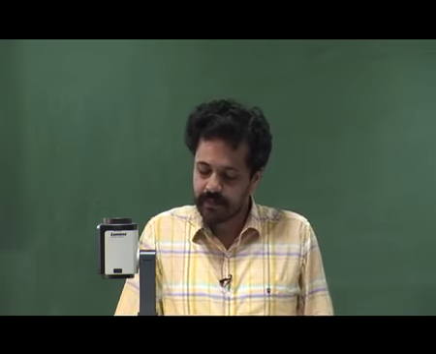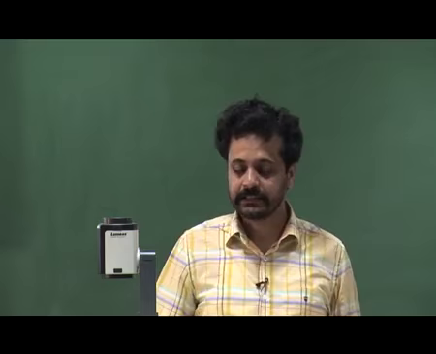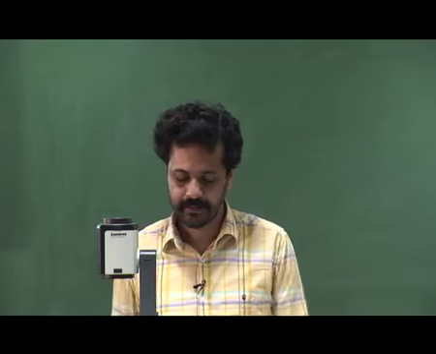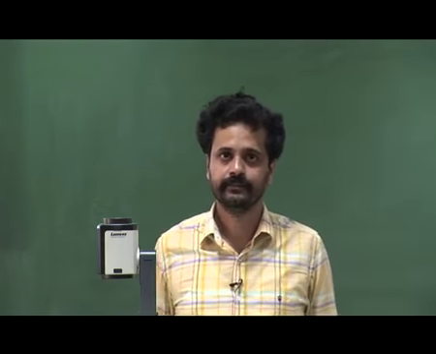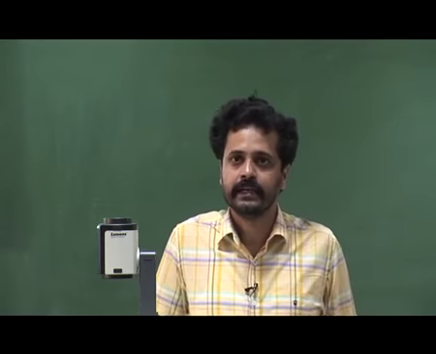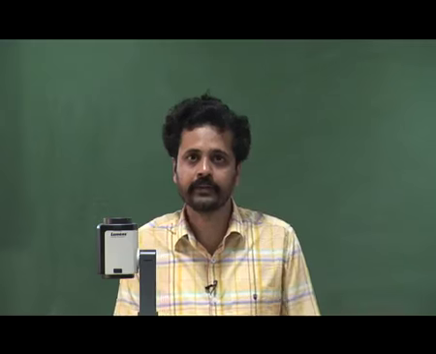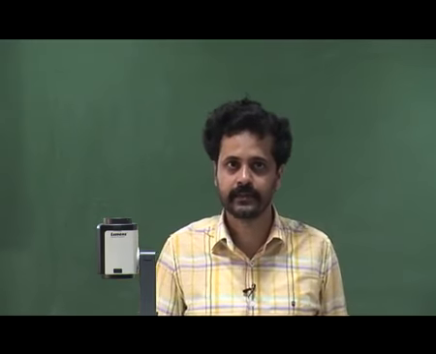Here, recall that 3 numbers M, N and P are in GP implies the middle term N equal to root of the product of the other 2 terms.